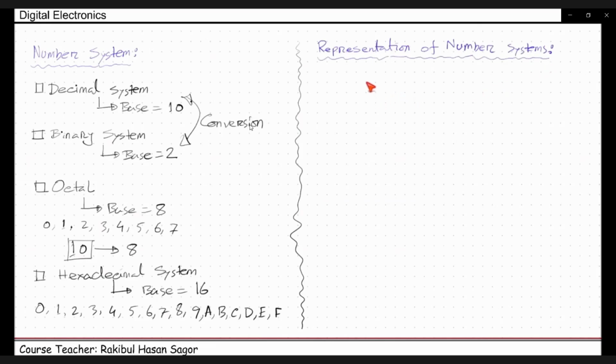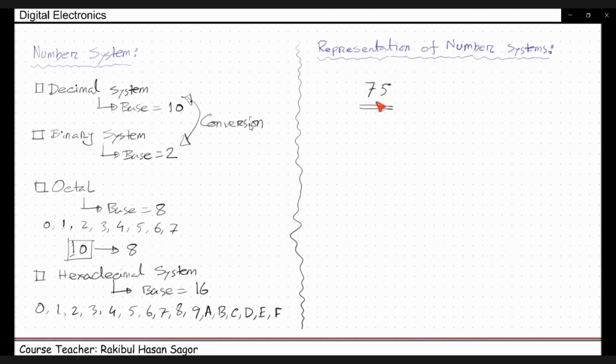At the very beginning, if I ask you, what type of number is this? We cannot answer because this symbol represents a hexadecimal number, an octal number, and also a decimal number. We are sure that this is not a binary number, but we cannot say definitely what type of number this is unless we know the base or radix of this number.